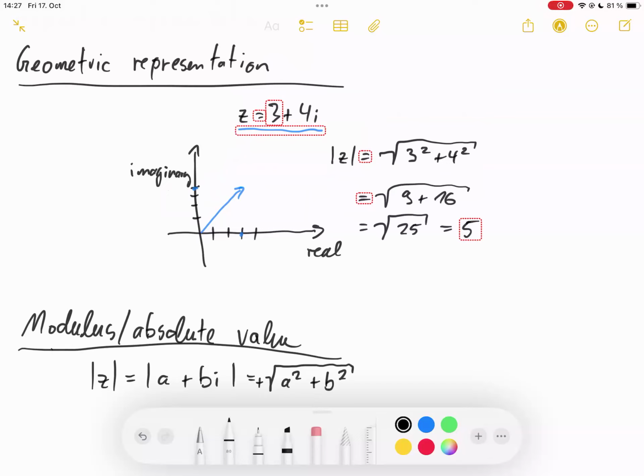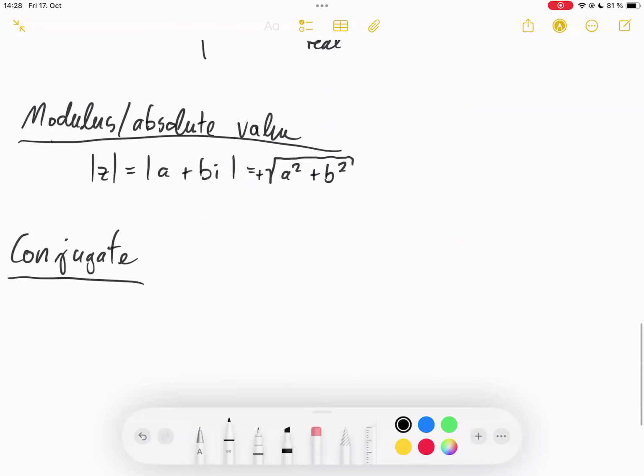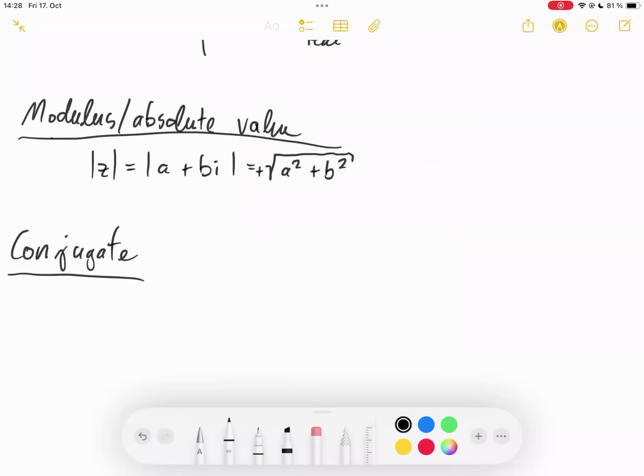And then there is one other fundamental concept, which is the conjugate of a complex number. So we call this the conjugate. And there are various representations to write this down. One way could be something like this.